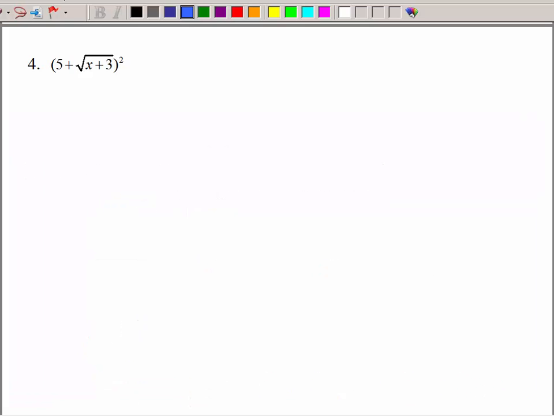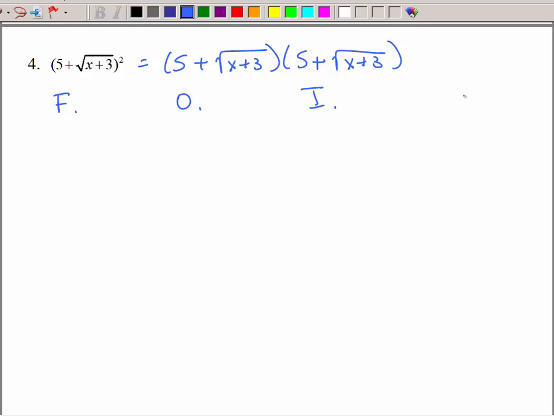We're going to do another squaring, but it looks a little bit harder. So again, I'm going to write out what this squared thing means, which means to multiply it times itself. First, outer, inner, last. 5 times 5, that's the easy part. That's 25. Now, plus 5 times the square root of x plus 3.